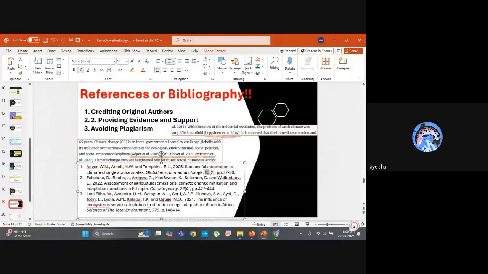Now, this list has to be provided at the very end of your research proposal. So you have to give two types of citations. First, the in-text citation in this way: et al., and this. And the second one is the bibliography or the reference list at the end of the proposal.